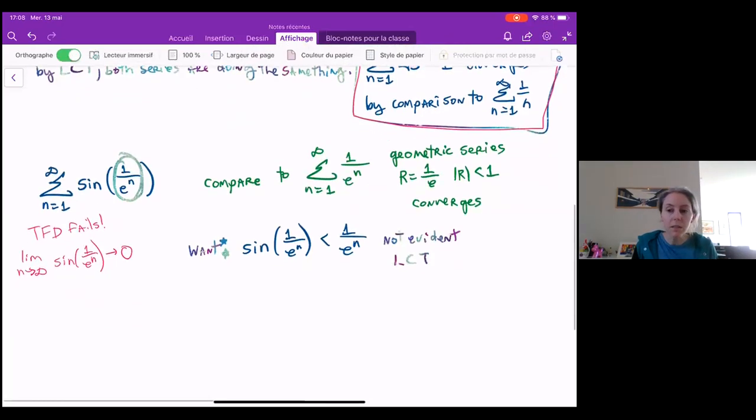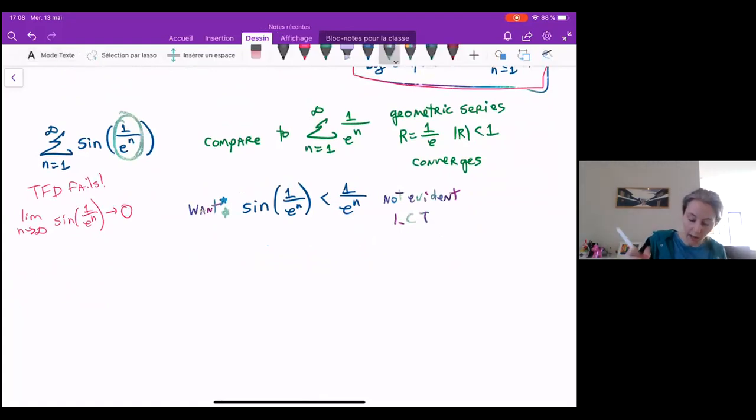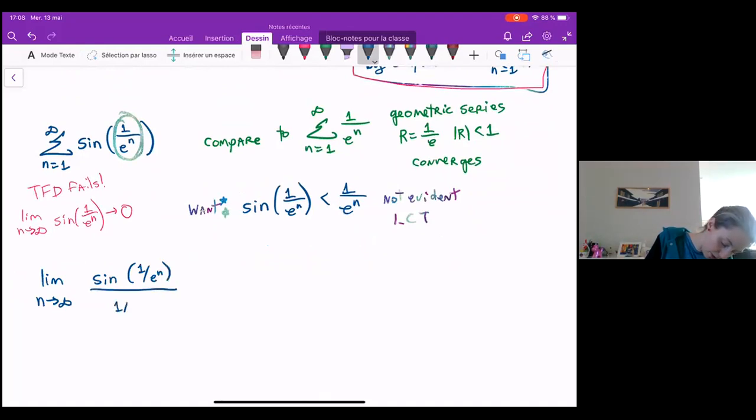And that limit comparison test, again, was a really good reason to pick 1 over e to the n as our series of comparison, because what's going to happen? I'm going to have the limit as n approaches infinity of sine of 1 over e to the n divided by 1 over e to the n. And I'm going to get a 0 over 0 here, which means that I can apply L'Hopital's rule. So I'll do that.